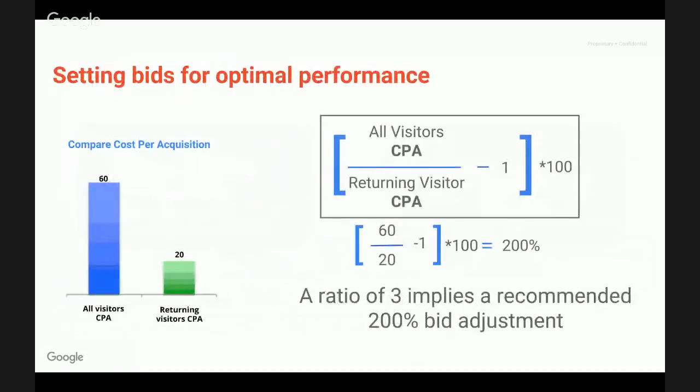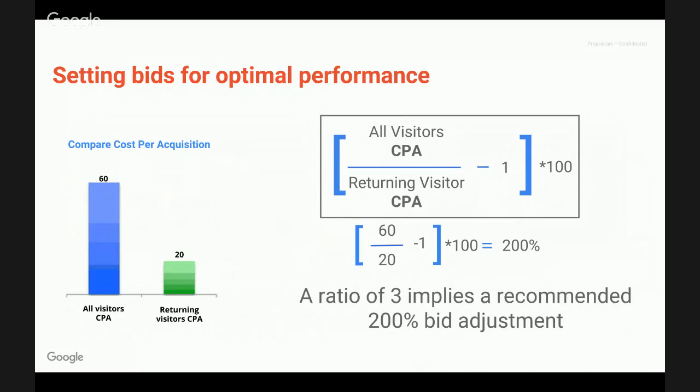Another way to do it is the relative CPA formula. This formula enables you to calculate the precise bid adjustment for RLSA lists. Let's take an example where all visitors CPA, meaning returning and new visitors, is 60, and returning visitors CPA is 20.